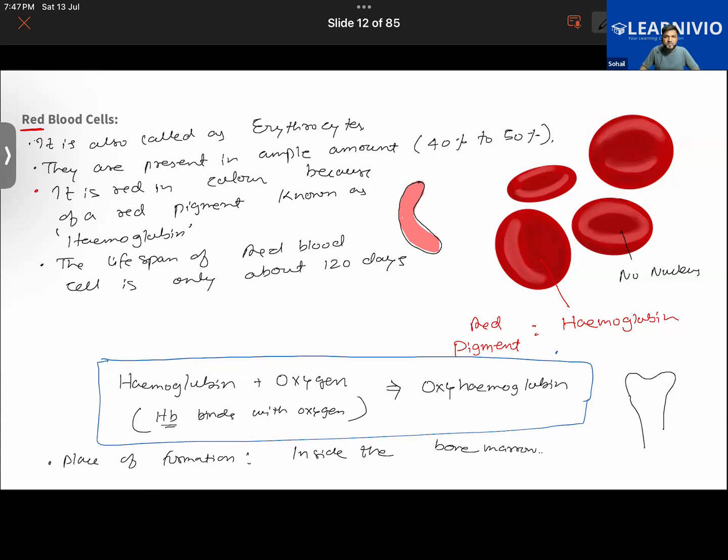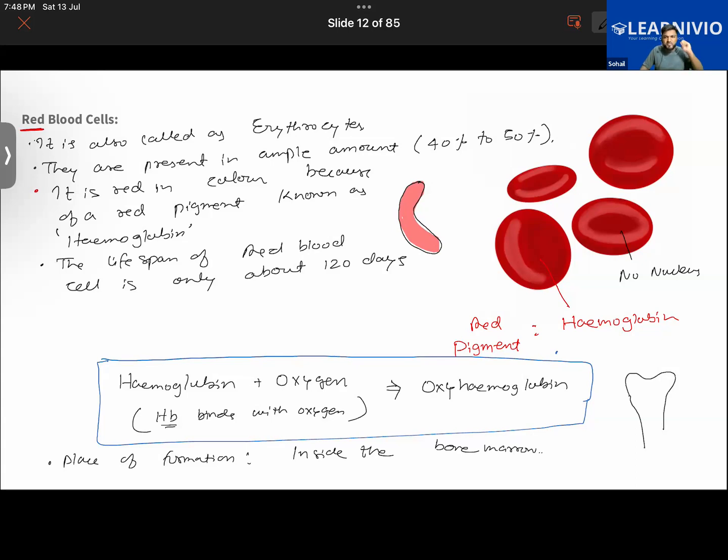Okay, sir. So, from bone marrow only we'll test whether we have blood cancer or not, right? From bone marrow, yes, sir. Bone marrow study can be helpful in detecting whether a person is suffering from cancer or not, but not in all cases.